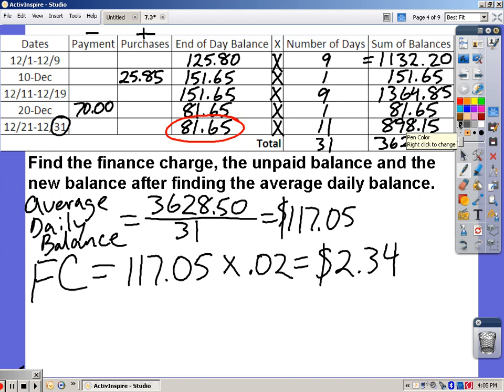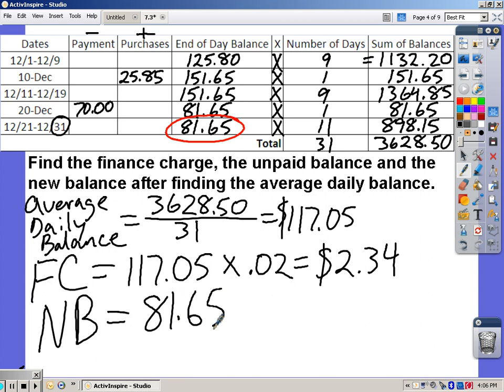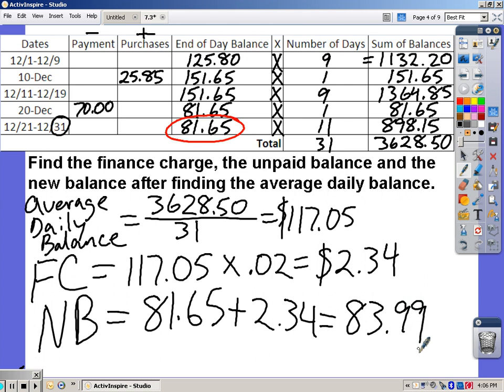Okay, so to find my new balance, I take my unpaid balance that I've already found, $81.65, and I add my finance charge of $2.34 to have a new balance of $83.99. Okay, now press pause or rewind if you need to see something different. If not, we're going on.